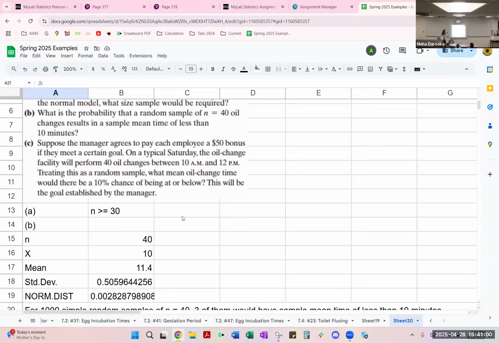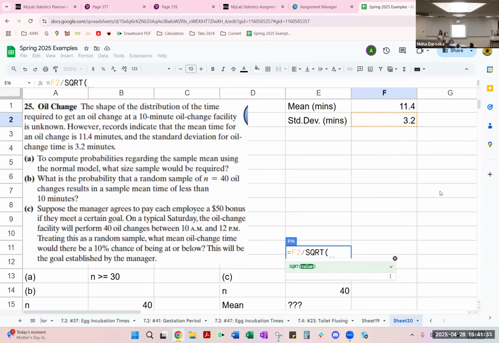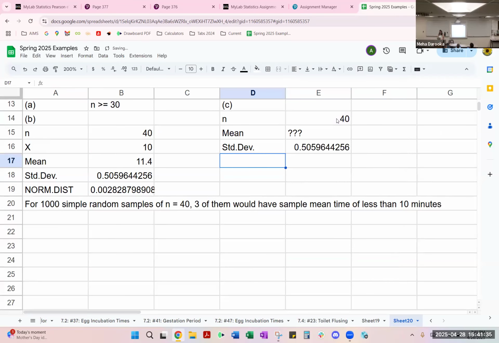And they're giving us the percentage. So we should put N at 40 because they told us to use that as our random sample. We have to find the mean. You can calculate the standard deviation because you have the standard deviation from the population, and then you divide by the square root of your sample size, which is 40.